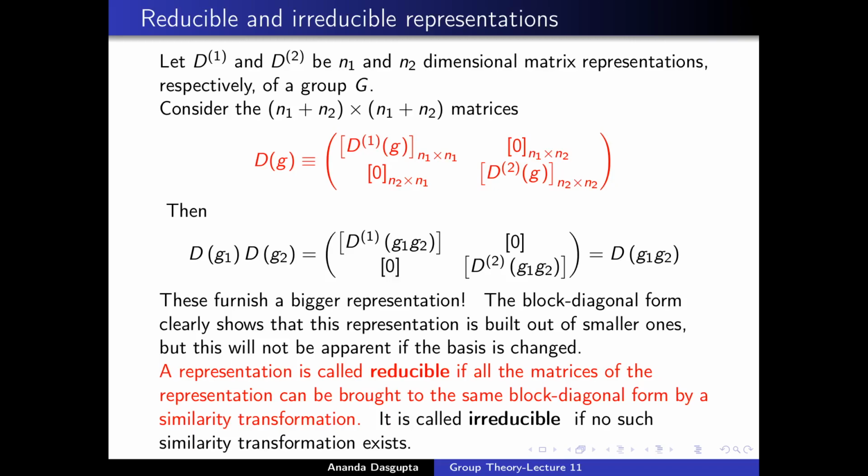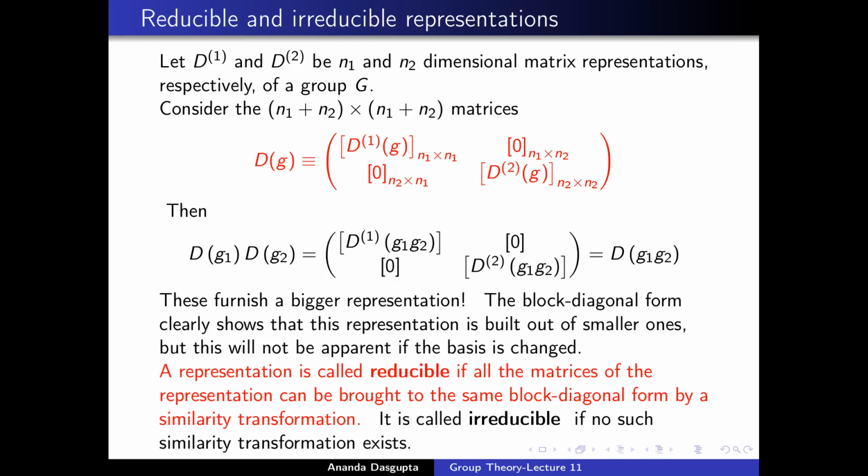And usually what will happen in a physical application or in a mathematical application is that you will create a representation from some other considerations, like using the standard methods of the function space representation to find a large representation. And the form in which this representation appears in front of you may not make it obvious that it is reducible. That is, it does not come in an already block diagonal form.